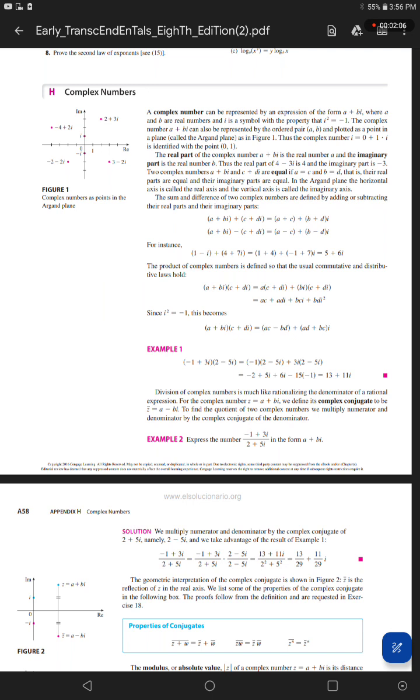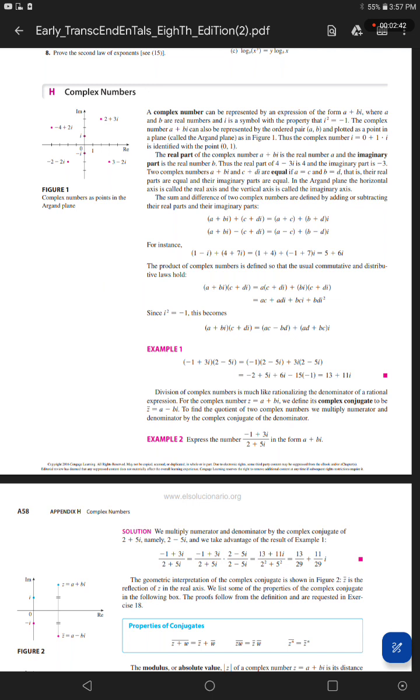The sum and difference of two complex numbers are defined by adding or subtracting their real parts and their imaginary parts. (a plus bi) plus (c plus di) equals (a plus c) plus (b plus d)i. (a plus bi) minus (c plus di) equals (a minus c) plus (b minus d)i.